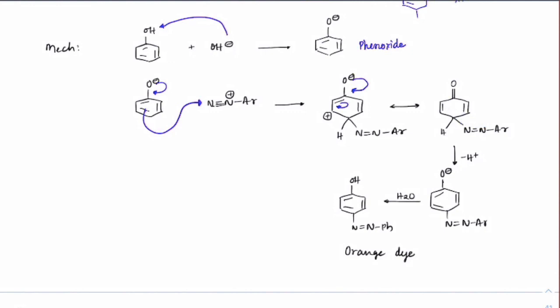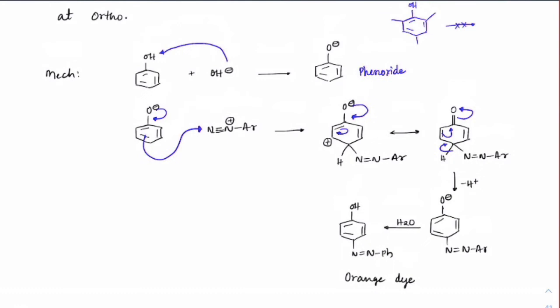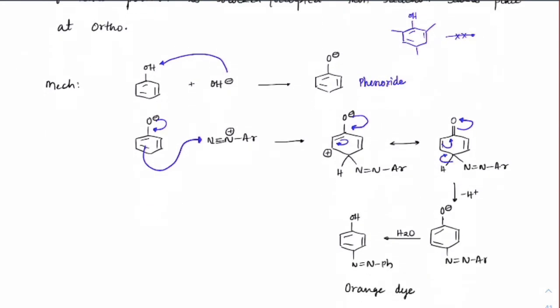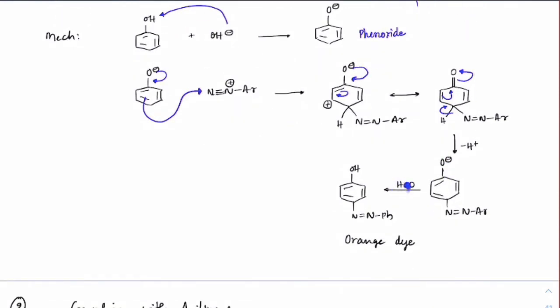So phenols are going to be more stable in the enol form, so it will retain its enol form and H plus will be lost here, and thereby you will get this. We are anyway using a slightly basic medium, so that helps this H plus to leave sooner, and thereby we'll get the phenoxide ion, and then on hydrolysis we'll get this, which is an orange dye.